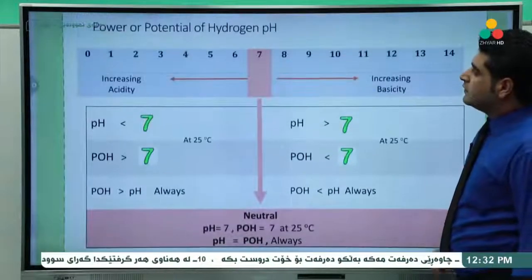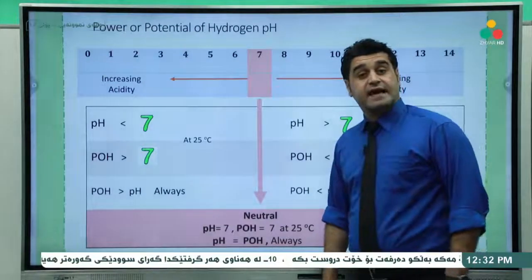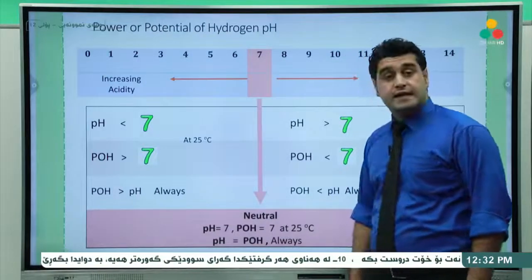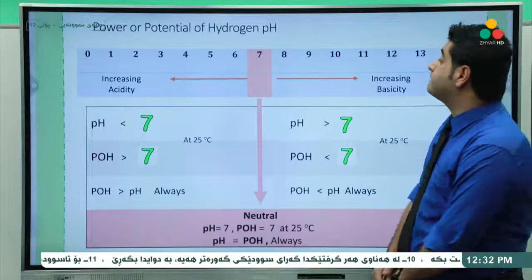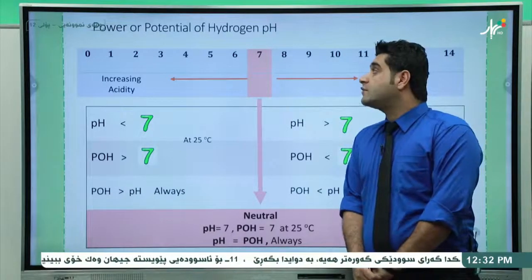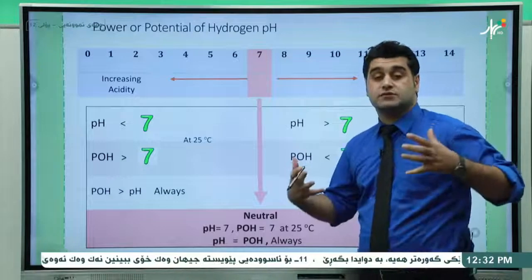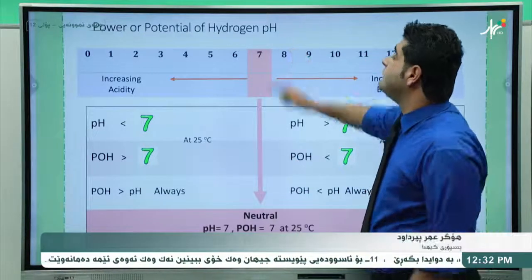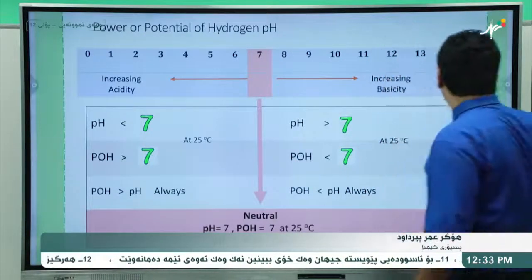Now, let's make another scale, but it's not about the hydronium ion concentration. It's about the power of hydrogen or potential of hydrogen, called pH. Well, look.